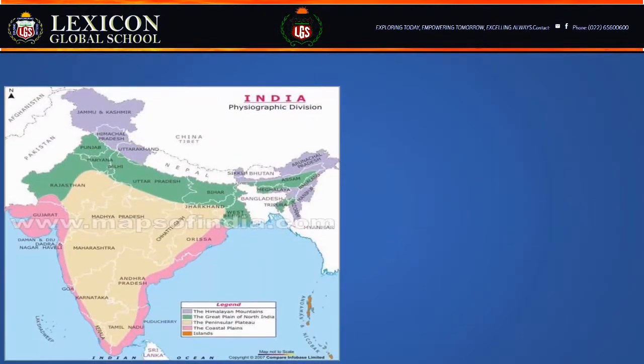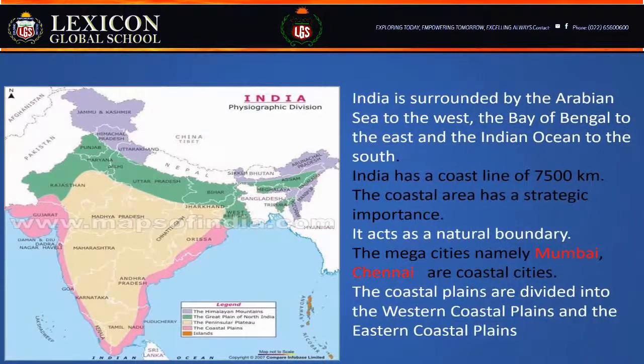Children, you all know that India has a very vast coastline. It is almost 7,500 kilometers. We are surrounded by the Arabian Sea to the west, Bay of Bengal to the east, and the Indian Ocean to the south.